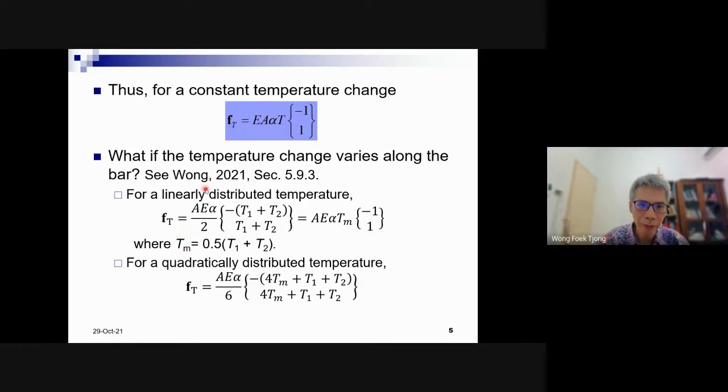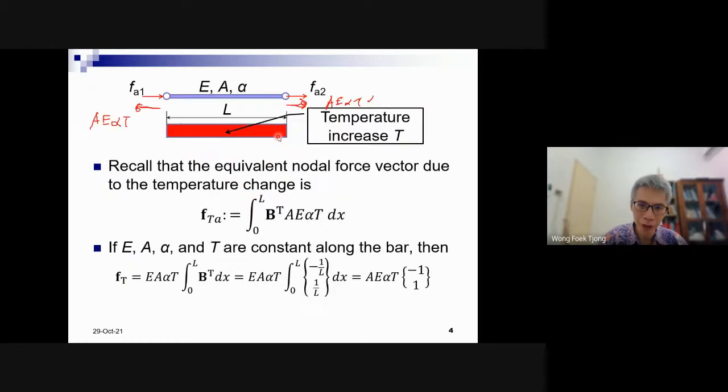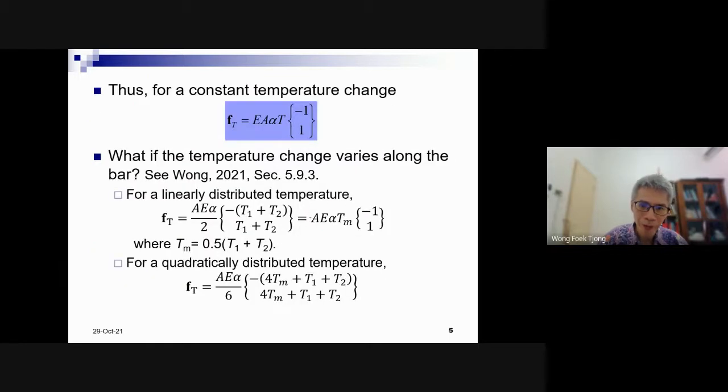But what if the temperature change varies? For example, a linearly distributed temperature, it means T is a function of x. Can we use this formula? Of course not. We should use this formula with T as a function of x. So if the temperature change is linear, we can just use shape functions to construct the distribution of T as a function of x. Use this one, right? Temperature at node 1 plus x over L times temperature at node 2, and then you plug it in and you will obtain these results.